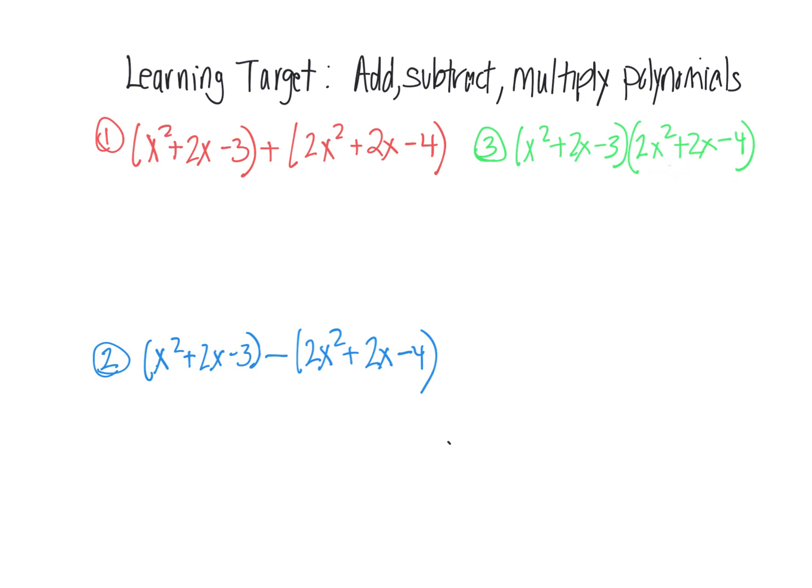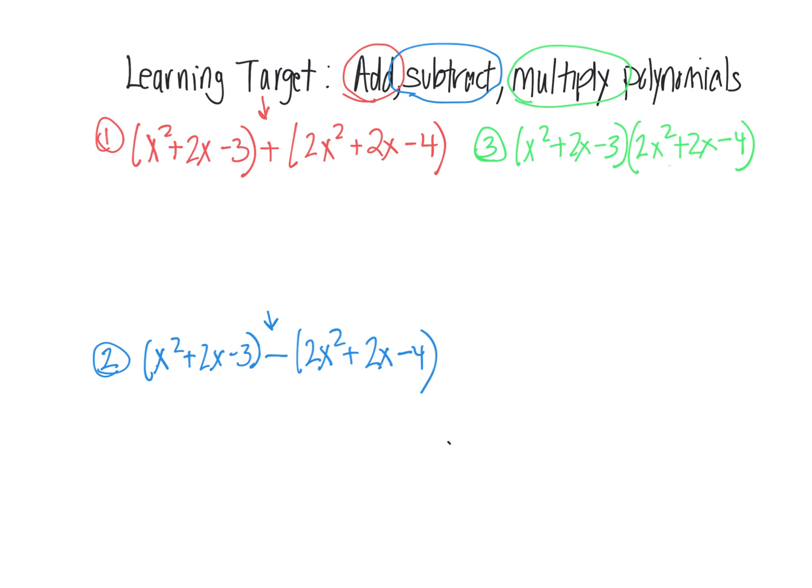What is different between these problems is that our first problem is an addition problem because the operator between those two polynomials is an addition sign. The second problem is a subtraction sign. And then the third problem is multiplication. And so we're going to need to be very careful about what operation is intended with each problem.